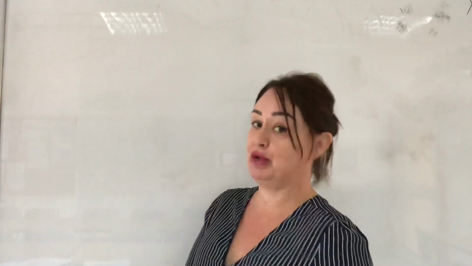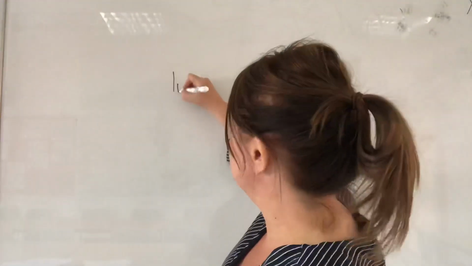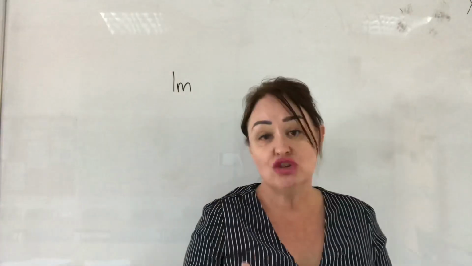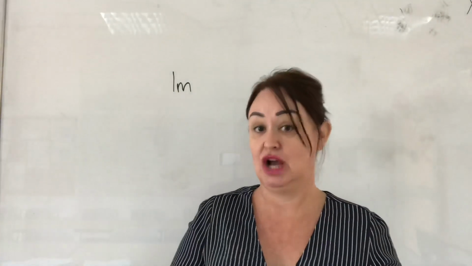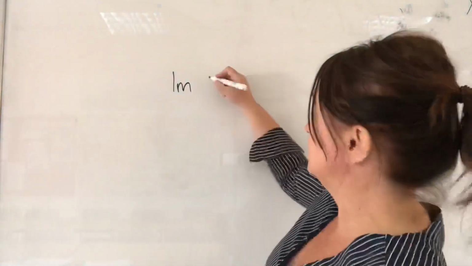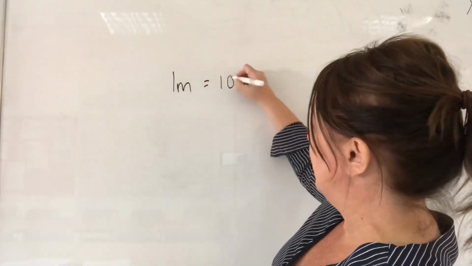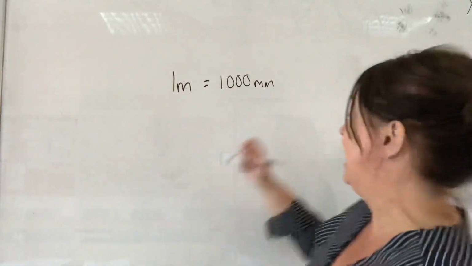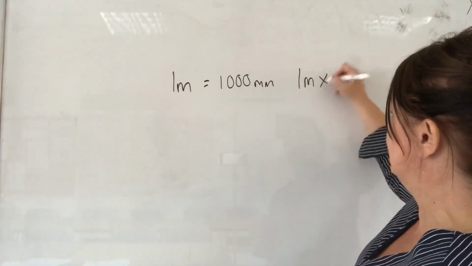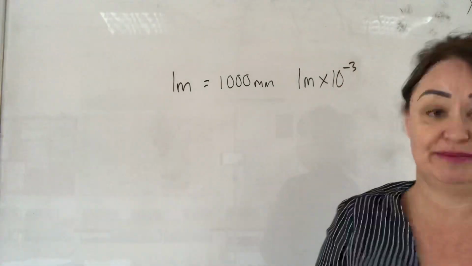So what are these measurements? Well, you will know from primary school that 1 metre is 100 centimetres or 1,000 millimetres. So in other words, 1 metre equals 1,000 millimetres, or we can write that as 1 millimetre is 1 metre times 10 to the minus 3.